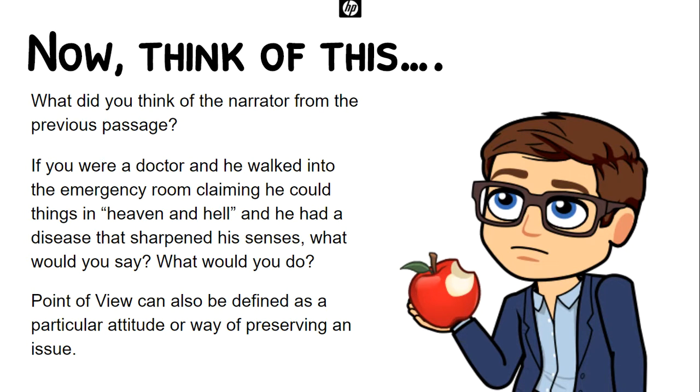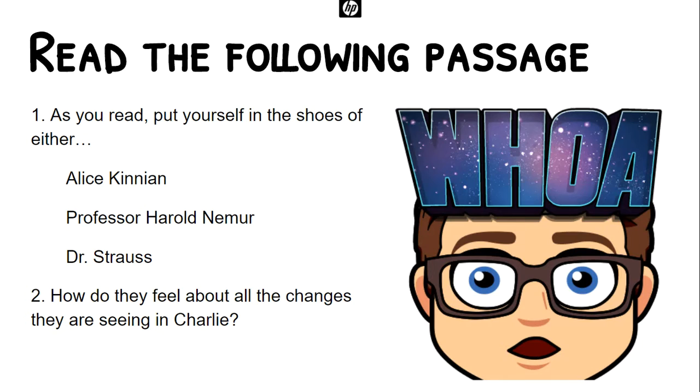Point of view can also be defined as a particular attitude or way of perceiving an issue, which we're going to get into later. So what I have for you now is a passage from the short story Flowers for Algernon that we're going to be reading this quarter.